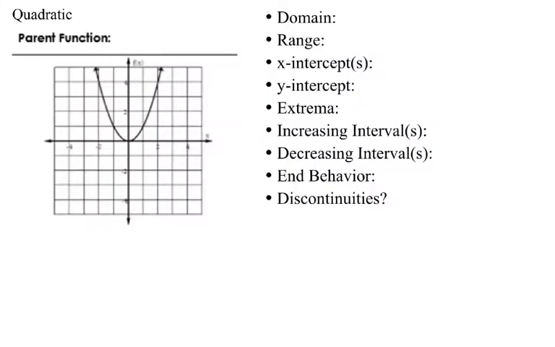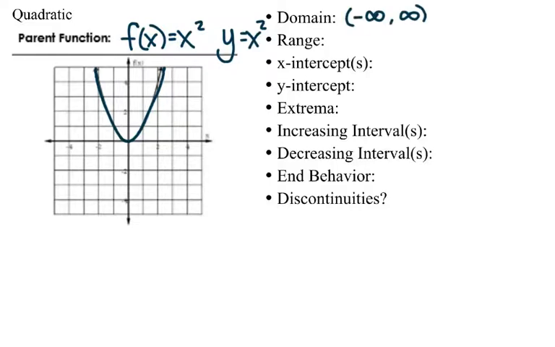Alright, and then quadratic. So this was big in Math 1, Math 2, and Math 3. The parent function looks like this, or if you like using y, you can do that. It's a U-shaped graph. Okay. The domain, it goes left and right forever, so negative infinity to positive infinity. The range, it never goes below that x-axis, so it starts with 0 and it goes up forever.